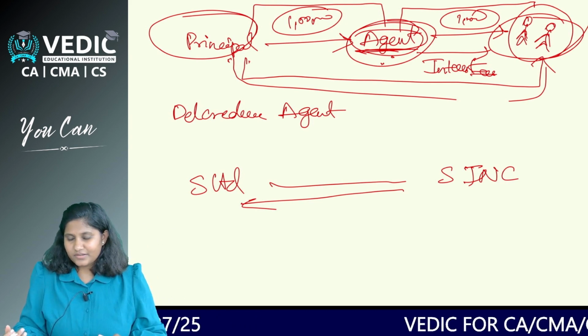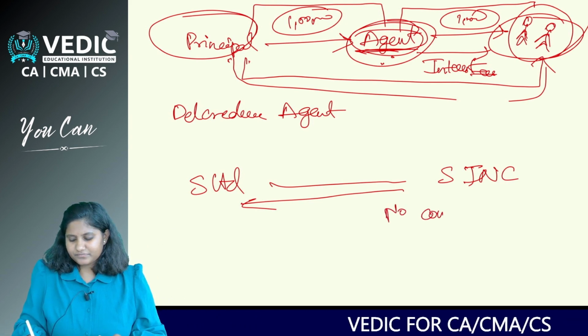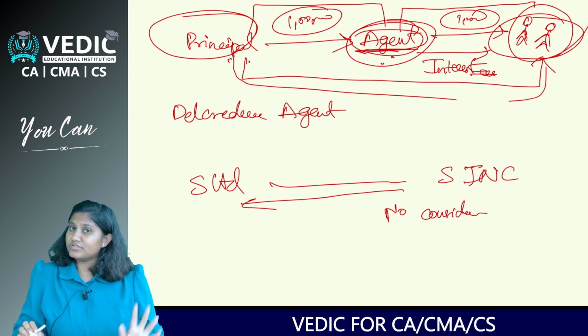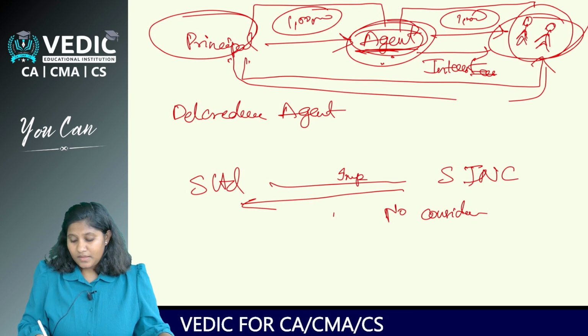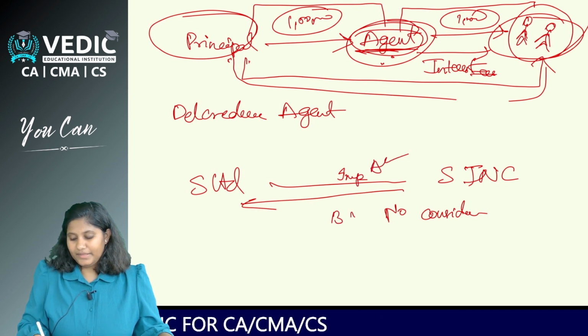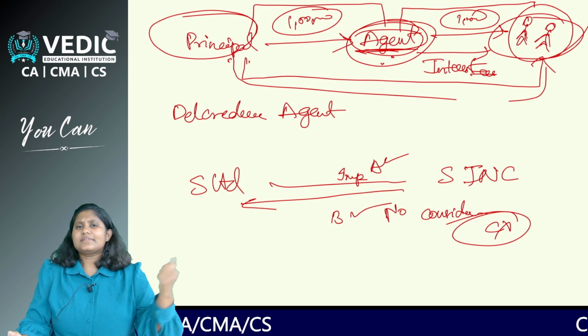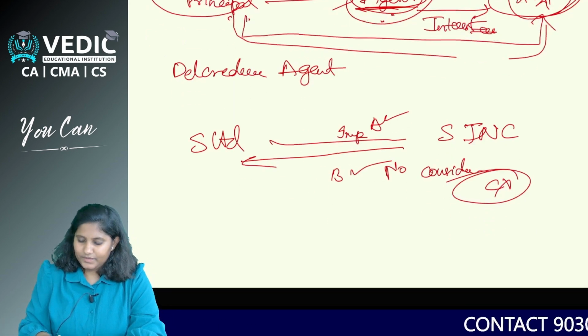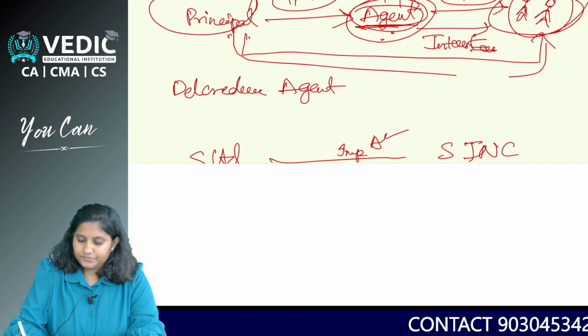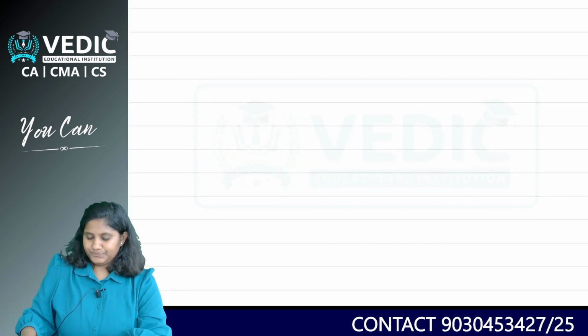Why would it take consideration? No consideration. But in the course or furtherance of business, what am I importing? Services. A is there, B is there, but C is not there. As it is covered under 7(1)(c), it can be called a supply. Clear? Yes.